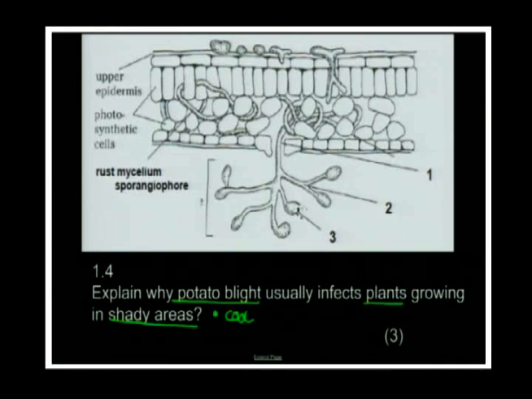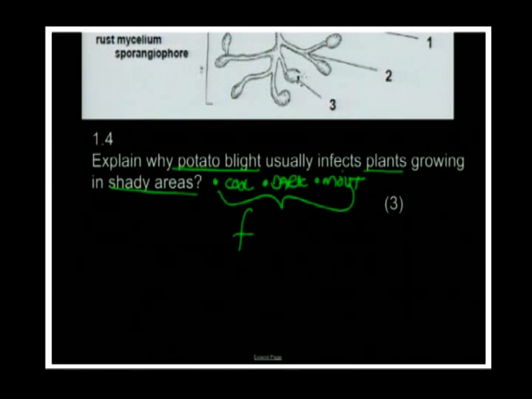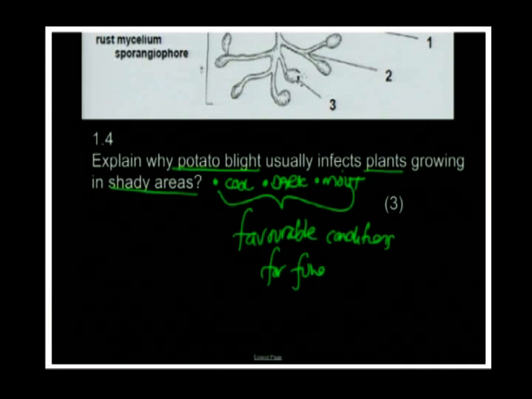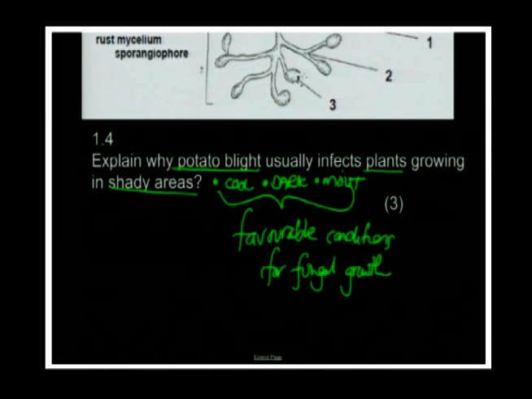In shady areas, remember that it is cool, that it is dark, and that it is also moist, in that there's plenty of water in the shade. As a result, these 3 conditions are all very favorable conditions for fungal growth. Remember, that's why your cheese sandwich grew that fluff on it in your lunchbox. So fungi's favorite conditions are cool, dark, moist areas.